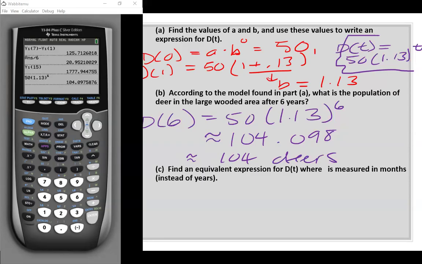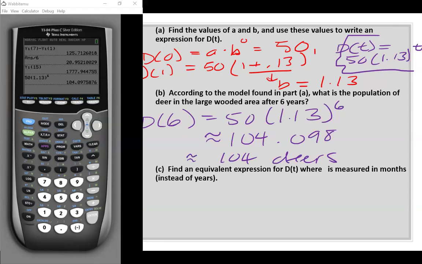All right. On C, what do y'all need to do? So we want to go from years to months. That's it. You did it. How many months are in a year? 12.